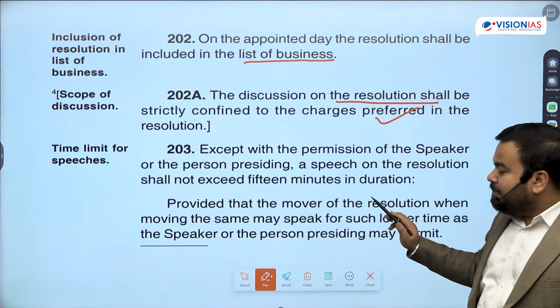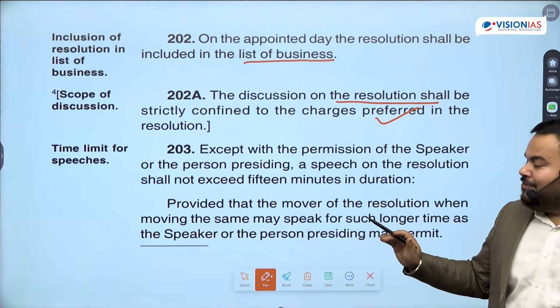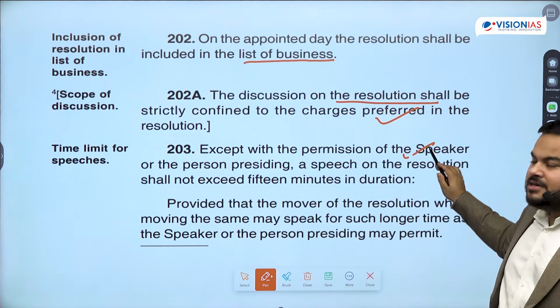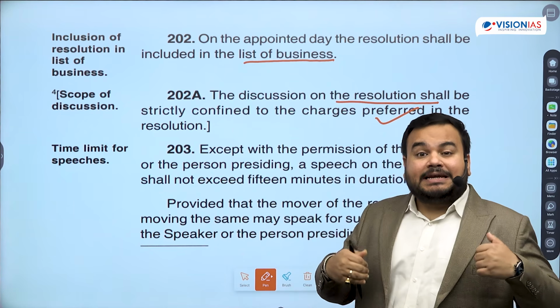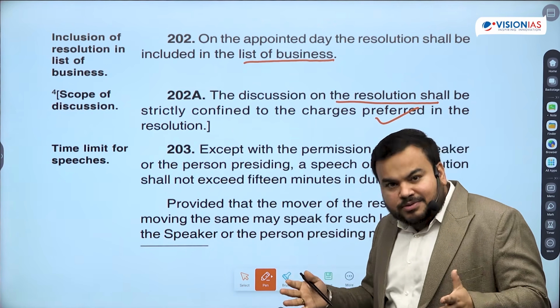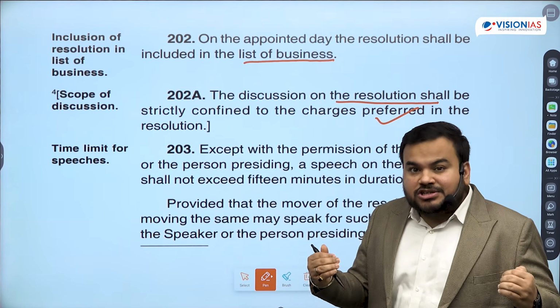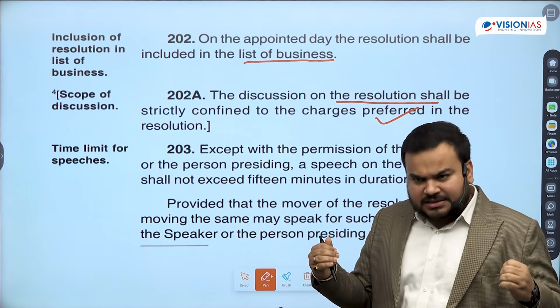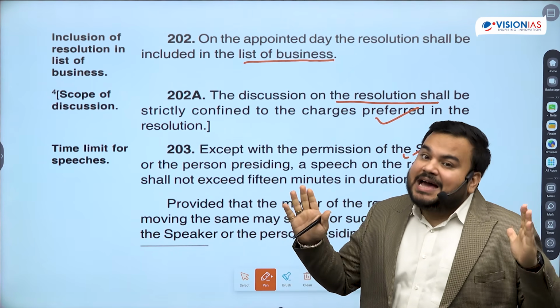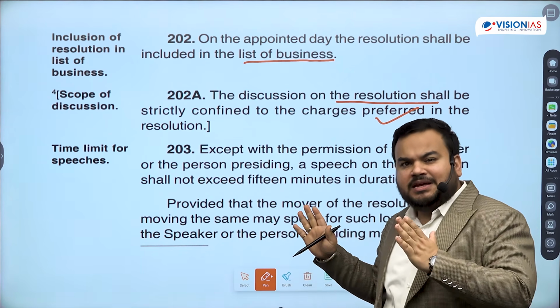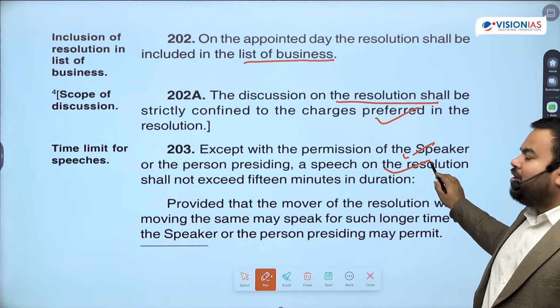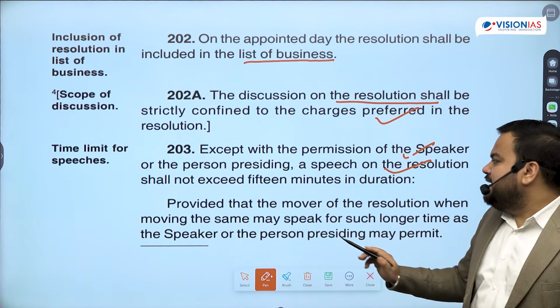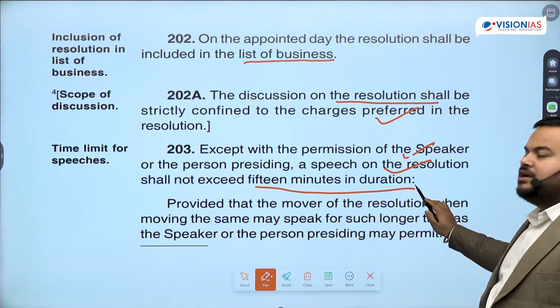Then, except with the permission of the presiding officer, who is going to be presiding over the house in case the discussion of the resolution against the Speaker is concerned, there has to be a time limit. The speech on the resolution shall not exceed 15 minutes in duration.